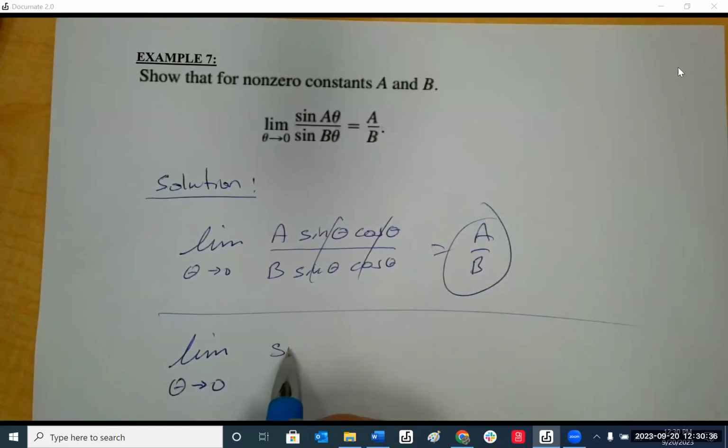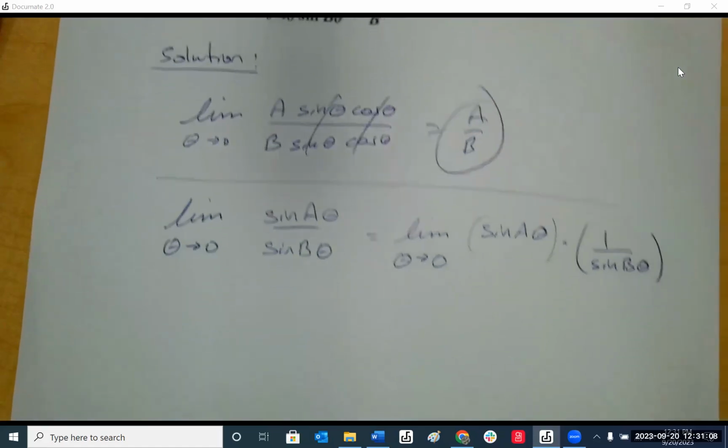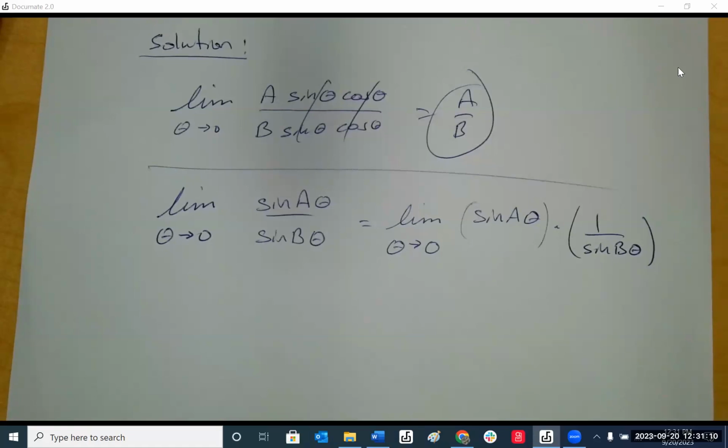We have sine A theta over sine B theta. If we split them up, what can we do with them?